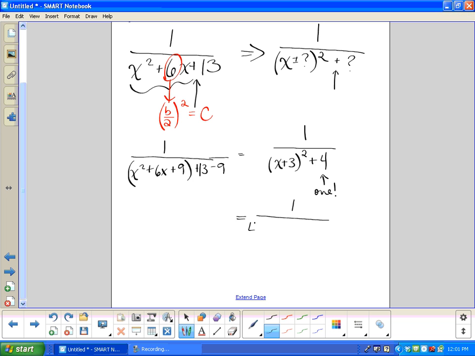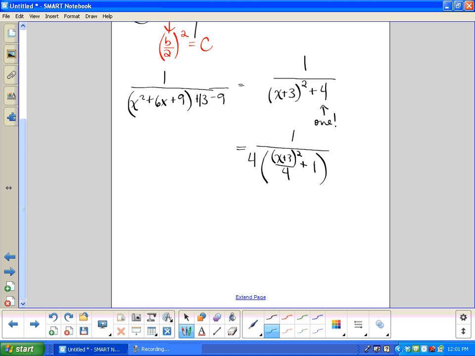we've taken the 4 out, right? And so here we have x plus 3 all squared divided by 4 plus 1, because we factor the 4 out. And then we get 1/4, let's write this over here actually, times 1 over. And then now remember we have to make this all one thing squared.